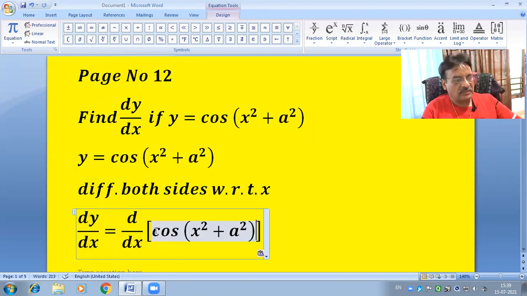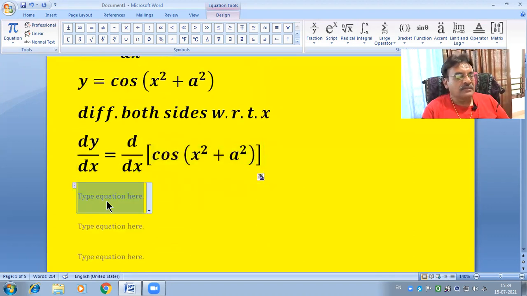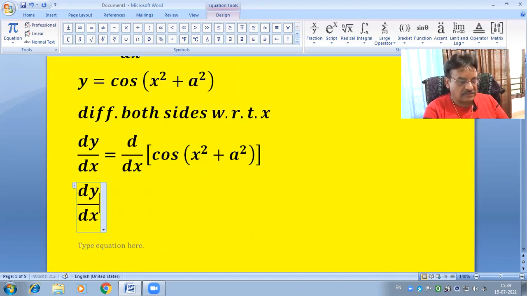Now d by dx of cos f(x) is minus sin f(x) into f dash of x, and here f(x) is replaced by x square plus a square.